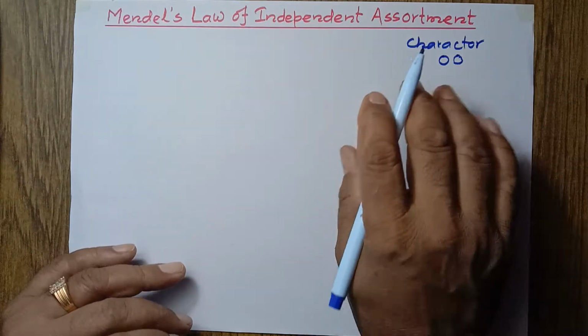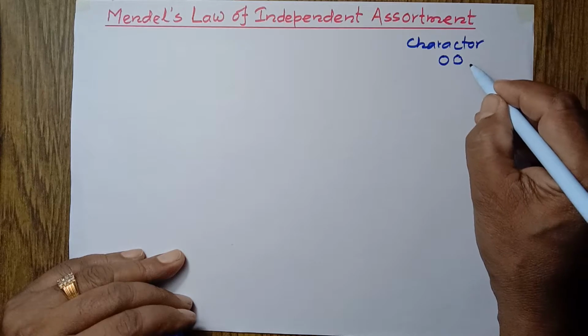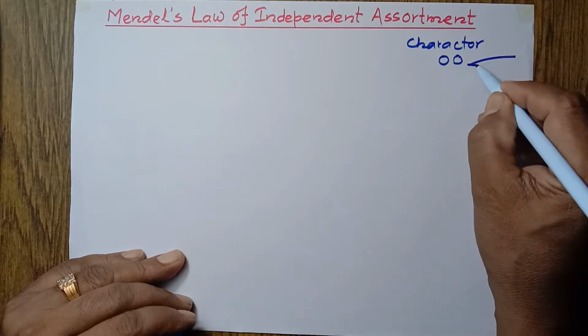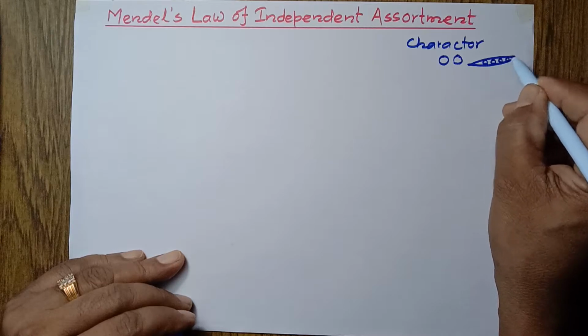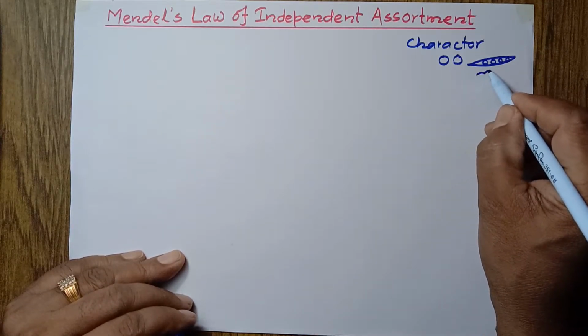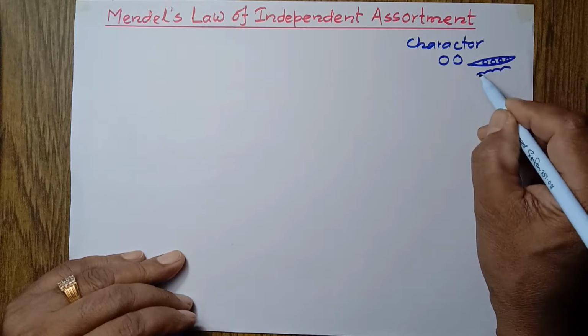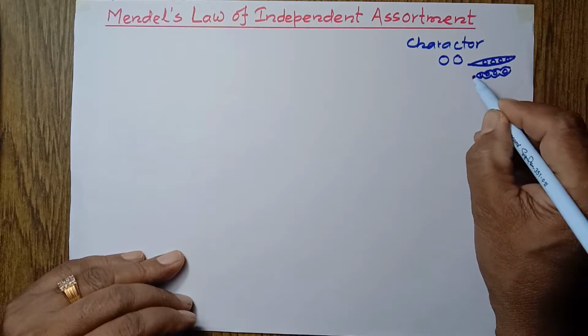In the same way, the texture of pea pod. A pea pod may be this type, inflated, with pea seed inside it, or maybe this type, which is called constricted pea pod. And inside this constricted pea pod we have seed.